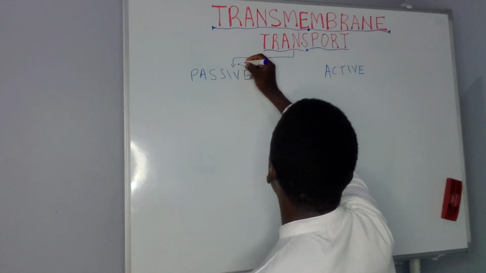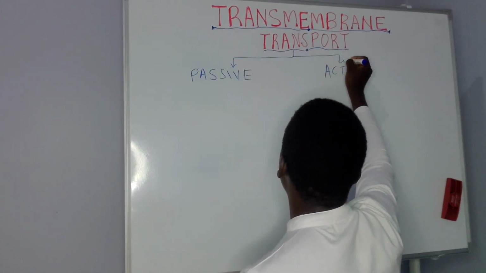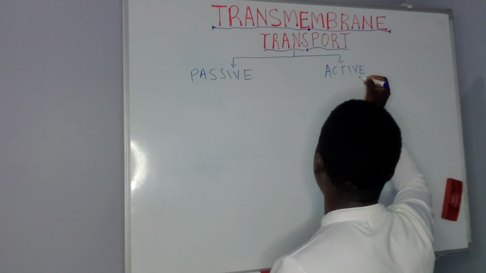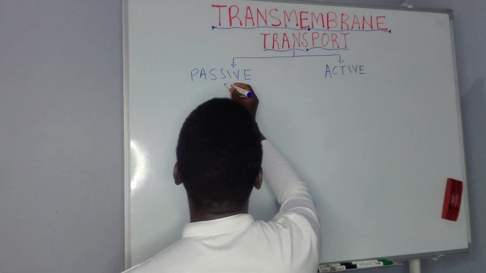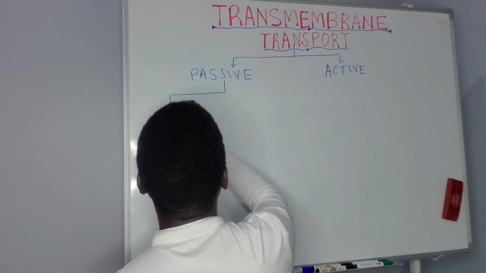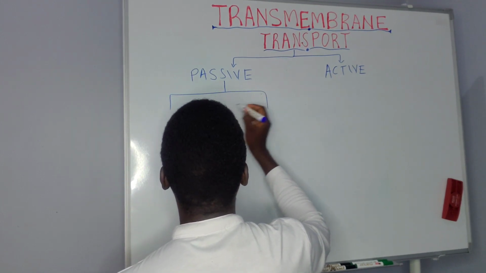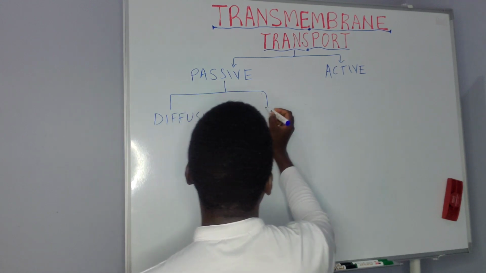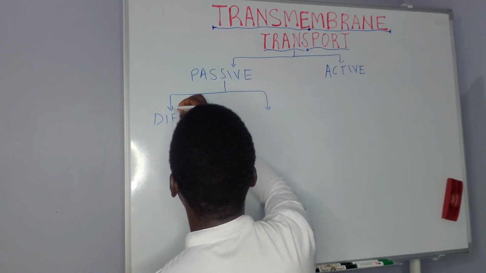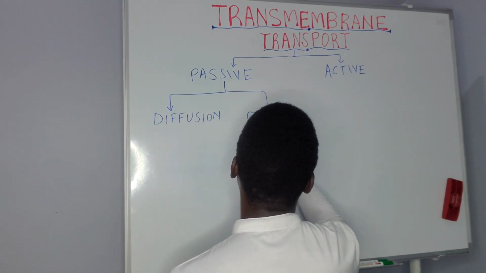So transport can either be passive mode of transport or active form of transport. Under passive form of transport, we have different forms. We can have what we call diffusion. And then there's another form, what we call osmosis.